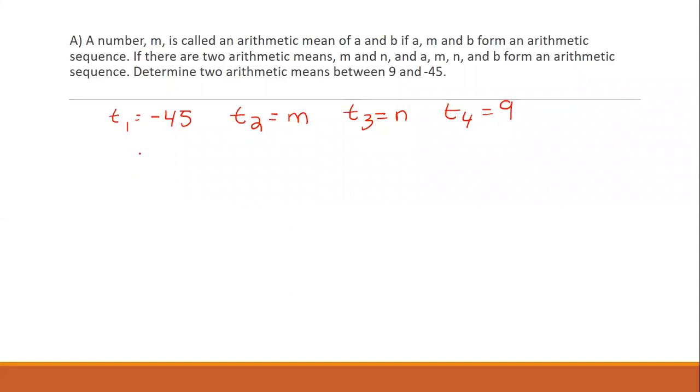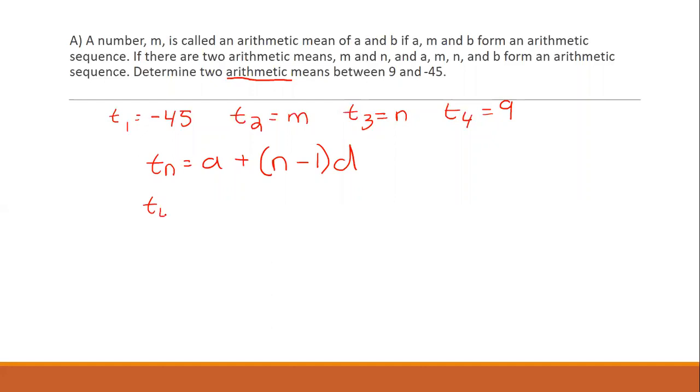From there, we're going to want to solve for d. We're going to want to solve for a difference, right? Because it's an arithmetic sequence, we have a difference instead of a ratio. So to do so, we have our formula: T sub n is equal to a plus n minus 1, all multiplied by d. Now we're going to go ahead and use T4 and sub in.